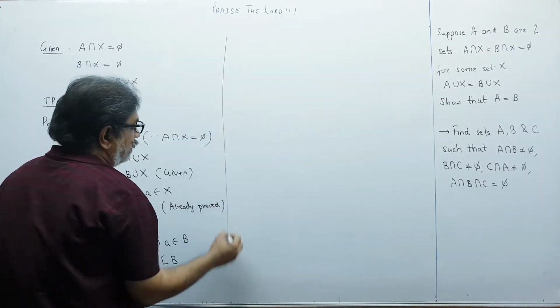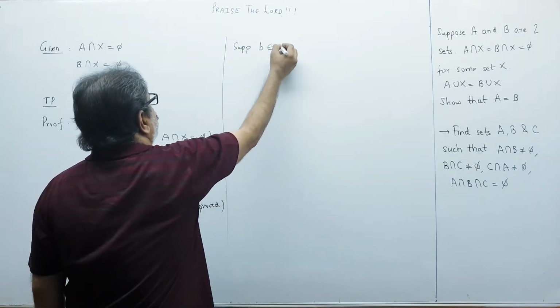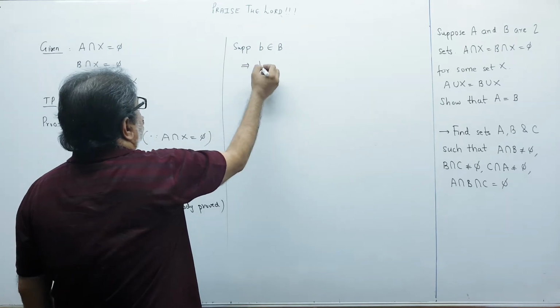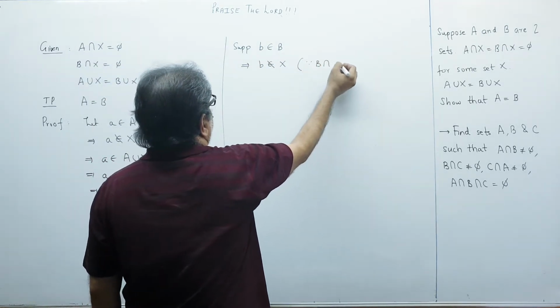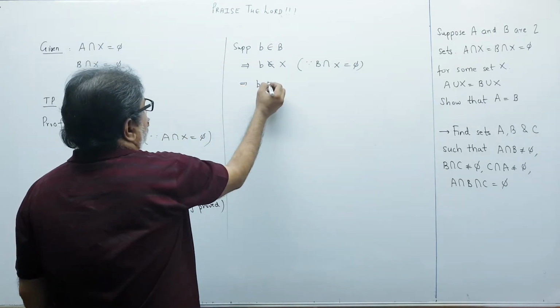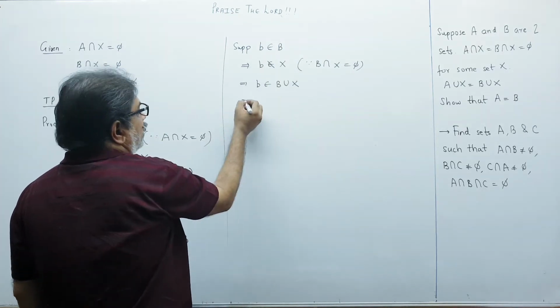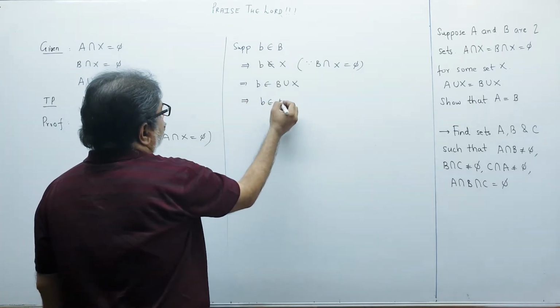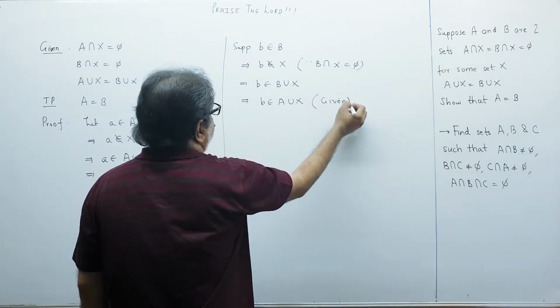Then, suppose b belongs to B. That means b does not belong to X, since B intersection X is null set. So that implies b at least belongs to B union X because b is in B, in union it will come. That means b belongs to A union X also because of the given property.